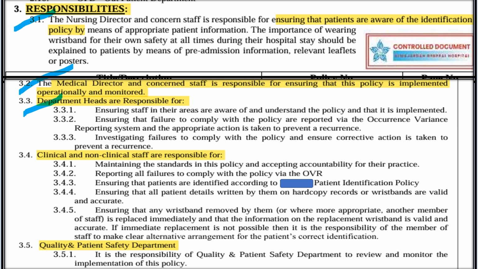They also ensure that failures to comply with the policy are reported as OVR. Clinical and non-clinical staff are responsible for maintaining the standards and accepting accountability for their practice, and reporting all failures to comply with the policy through OVR. And the quality and patient safety department is responsible for reviewing and monitoring the implementation of the policy.